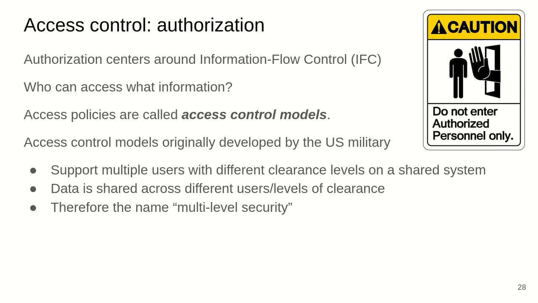These access control models were originally developed by the US military in the 70s and 80s. It supports multiple users with different clearance levels on a shared system. Data is shared across different users and levels of clearance. And this gave the name multi-level security, or MLS.